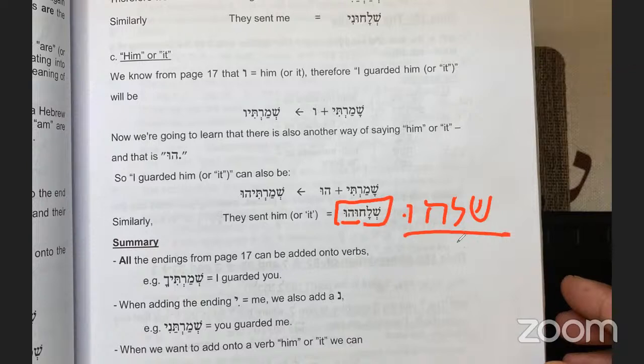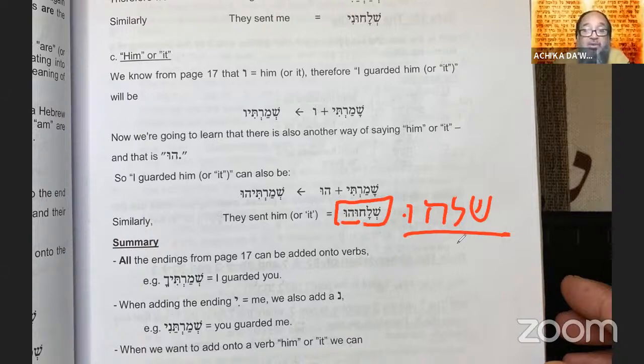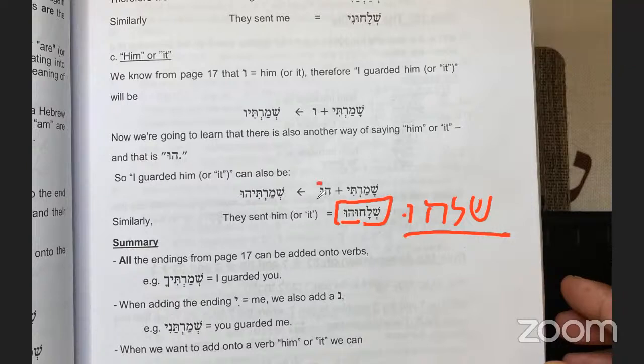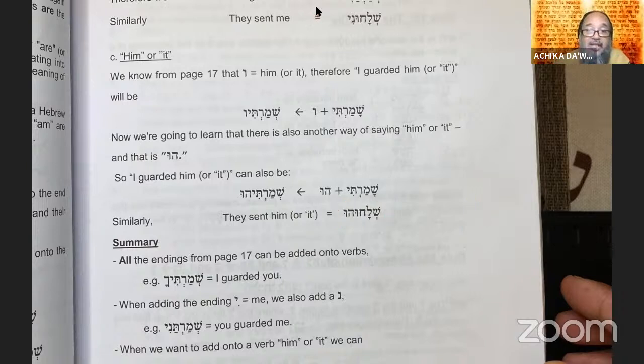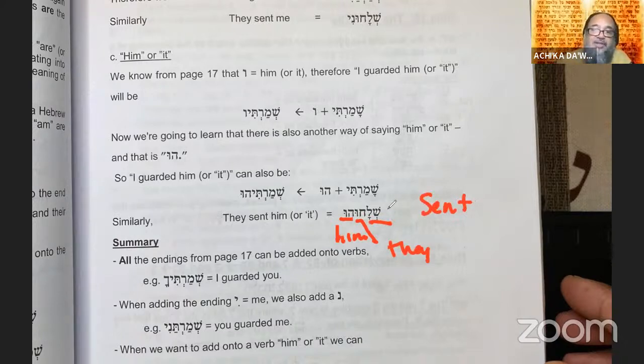They sent. And the shalakuhu means what? They sent what? Him. Thank you. When you look at it, it is breaking down to hu, who is he or him, excuse me. The u right there is they, and the shalak is sent. That's all it is. It's a puzzle.